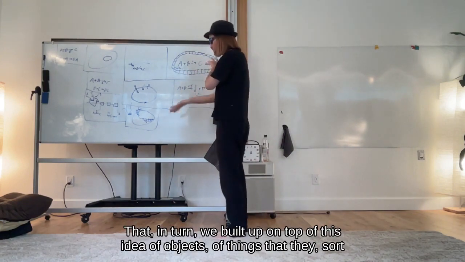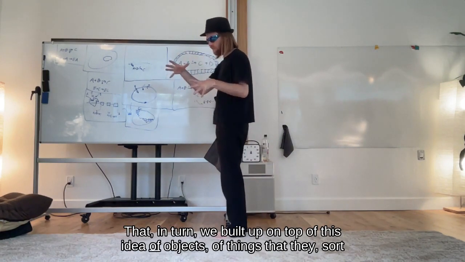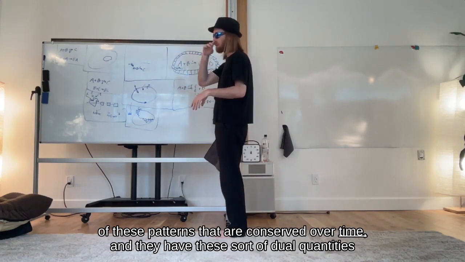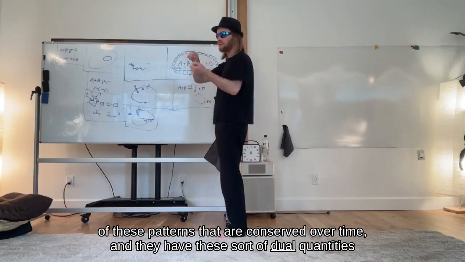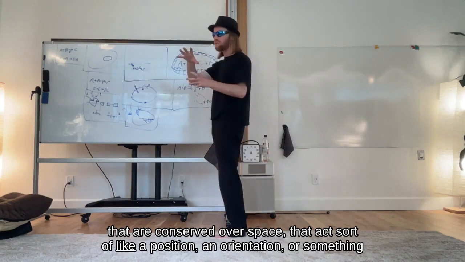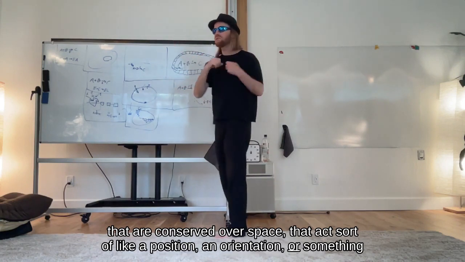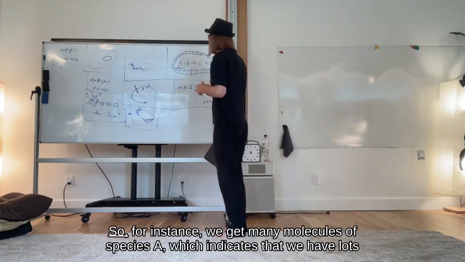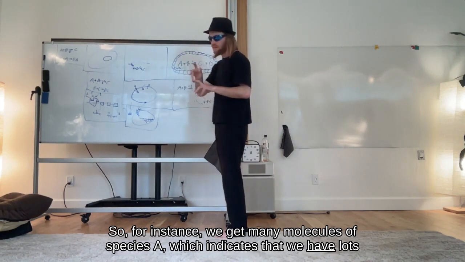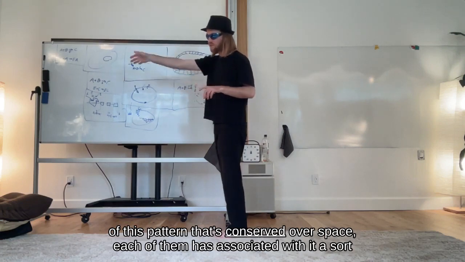That, in turn, we built up on top of this idea of objects, of things that are sort of patterns that are conserved over time, and they have these sort of dual quantities that are conserved over space that act sort of like a position or an orientation or something like that. So, for instance, we get many molecules of species A. This indicates that we have this pattern that's conserved over space.